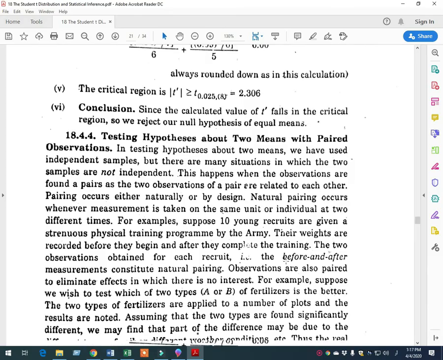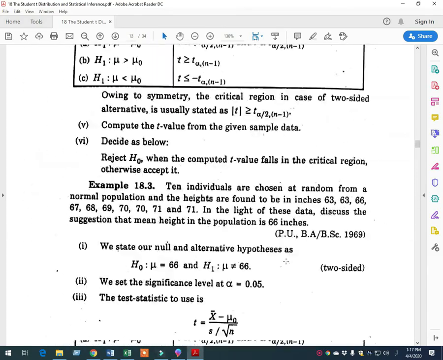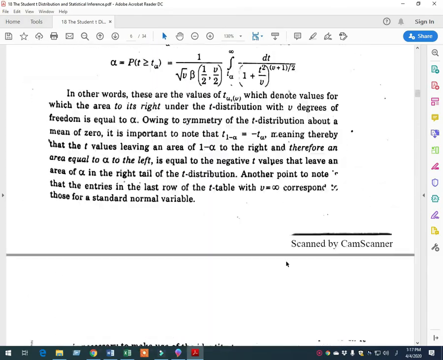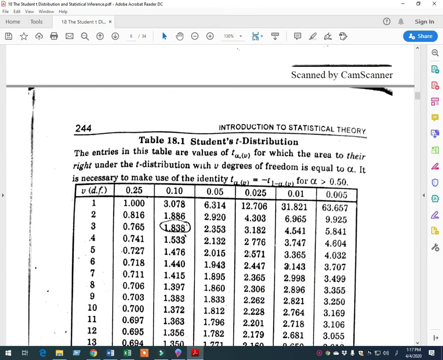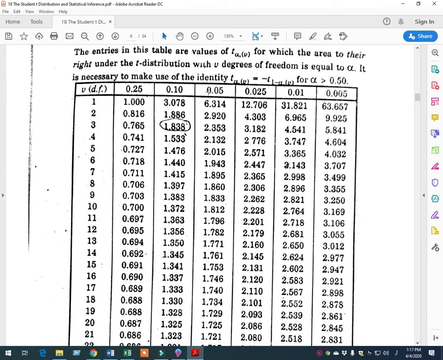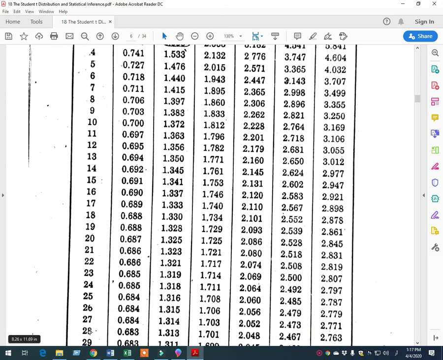What would be the tabulated value of T on the one-sided test? So here 0.05 is not being divided by 2, because this is the half of it, but we will be taking the full 5% against the 28 degrees of freedom.